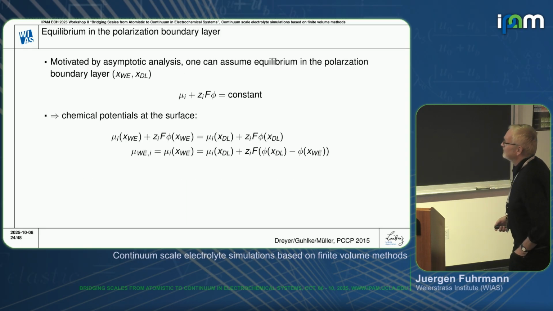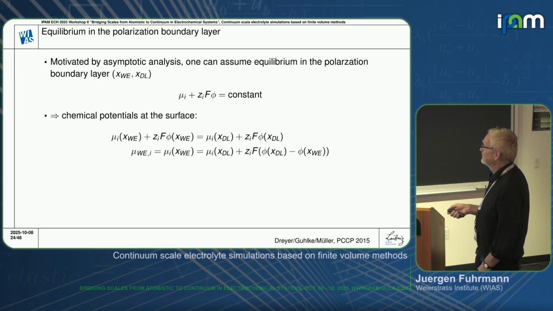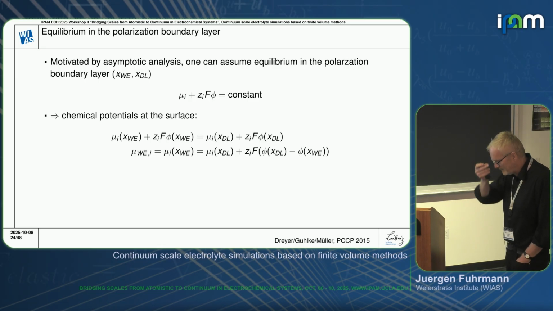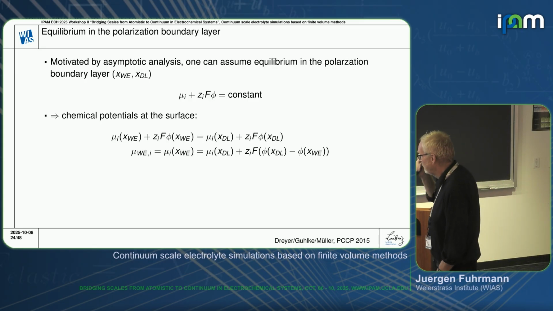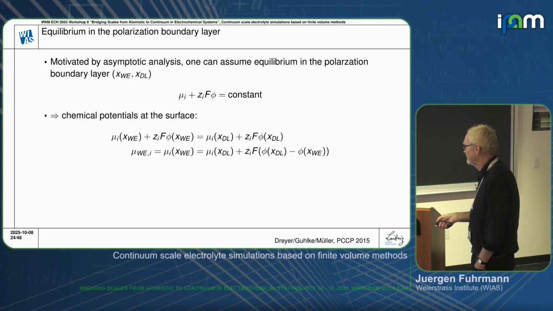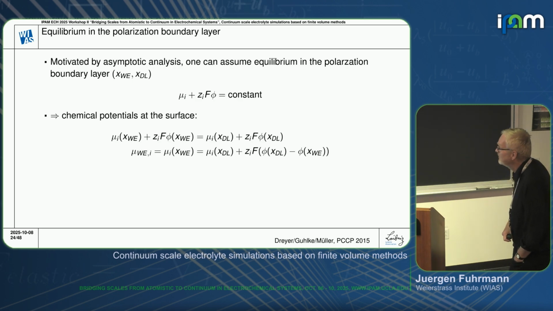If we are motivated by asymptotic analysis, one can also back this in a mathematically more rigorous way. This is in the paper of Dreyer, Gurke, and Müller in 2015, and also in the PhD thesis of Clemens Gurke.